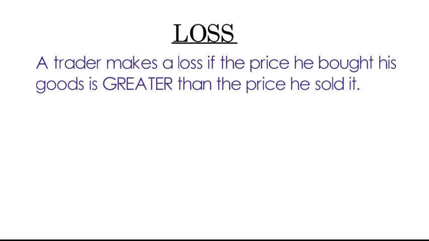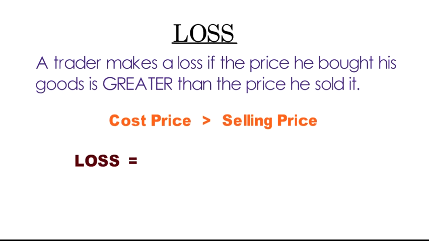Next is loss. What is loss? A trader makes a loss if the price he bought his goods is greater than the price he sold it. So, loss is made when the cost price is greater than the selling price.